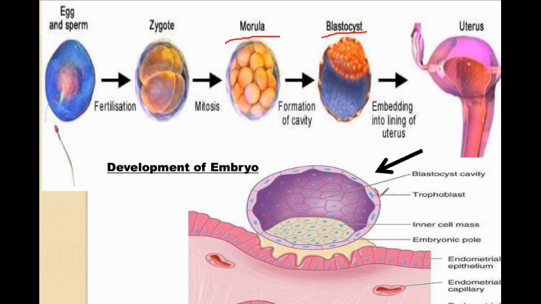This outer layer of this blastocyst is known as trophoblast, and the inner group of cells is the inner cell mass.